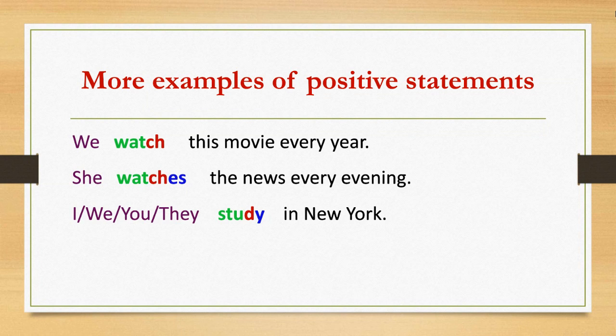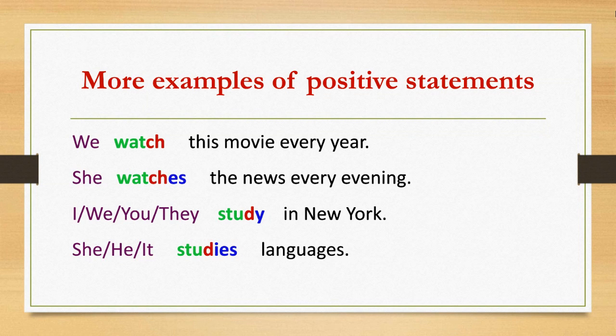They study in New York. With she, he, or it, we remove the Y and add IES, and we say she studies languages. He studies languages. It studies languages.